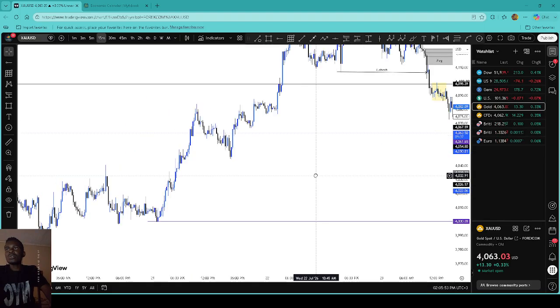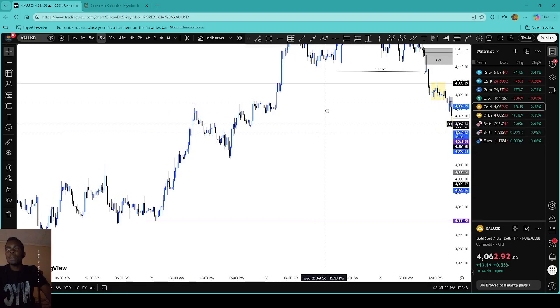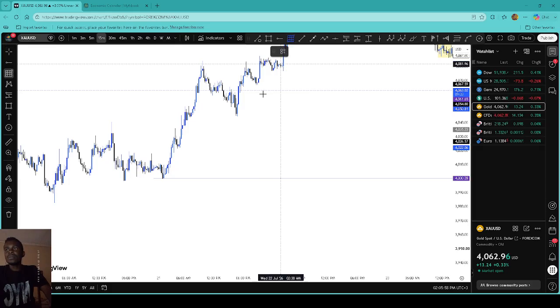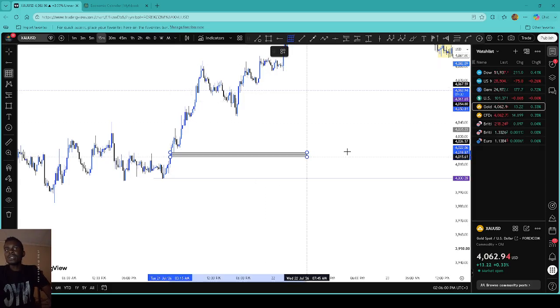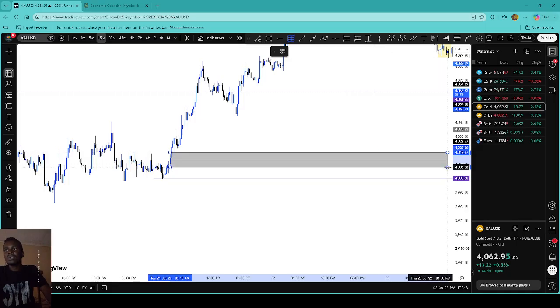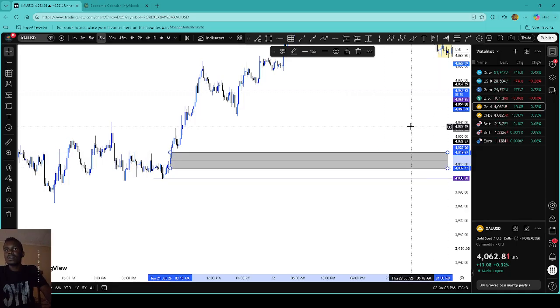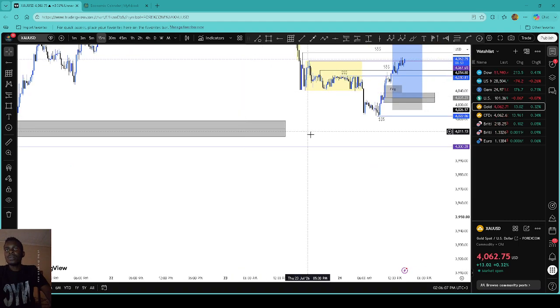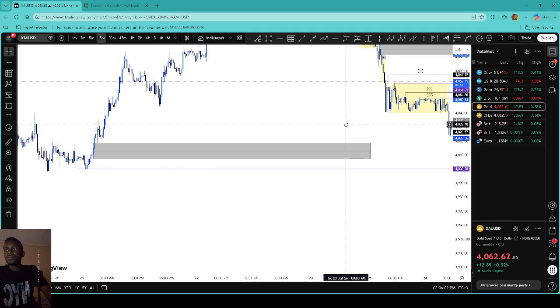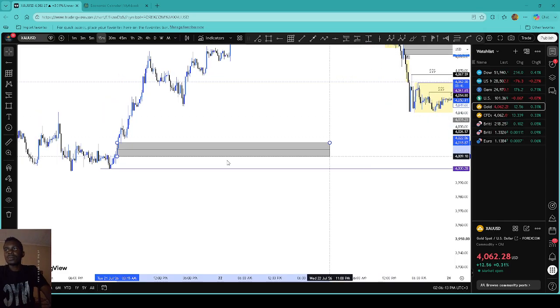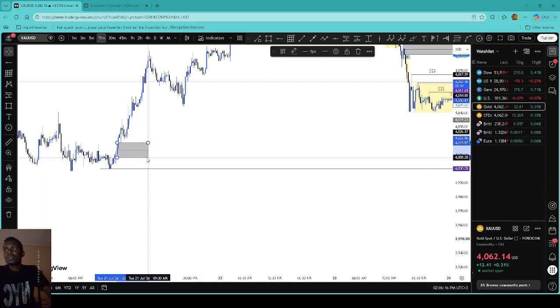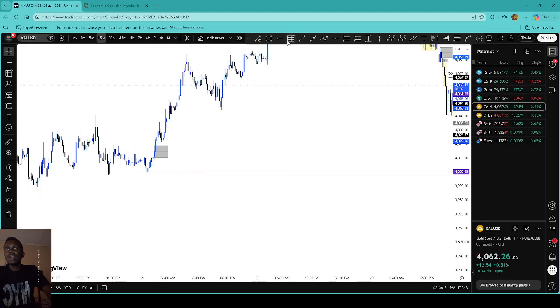Now let's look here. Price over here was going up until price came to this zone. It was stopped here, and then now we have this area.